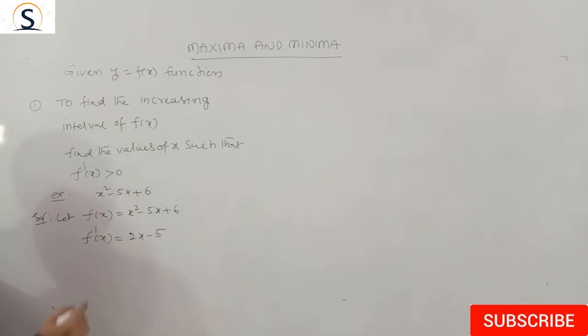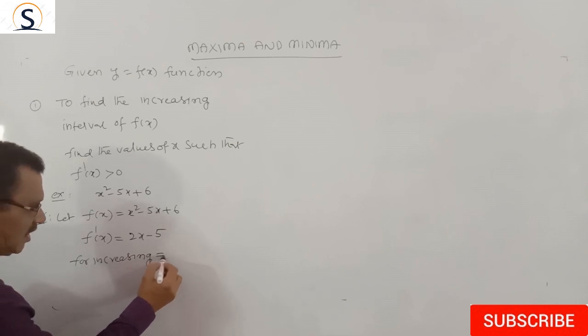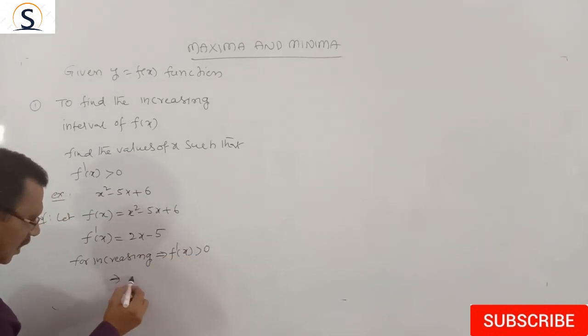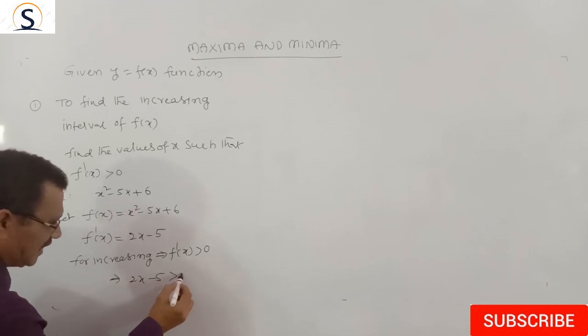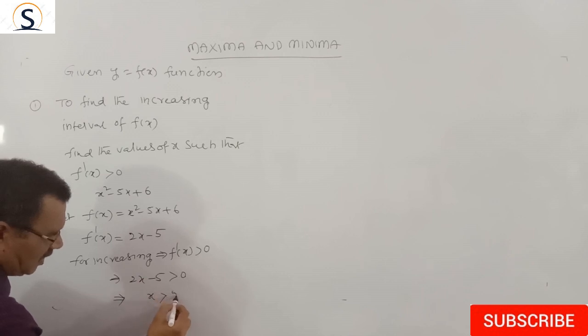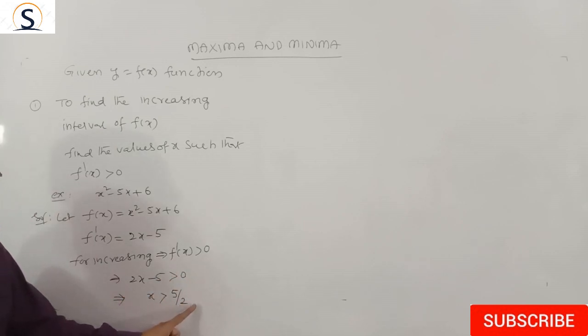This is the derivative. Now for increasing, f dash of x is greater than 0. That means 2x minus 5 is greater than 0. We want to find the value of x satisfying this inequality, that is x greater than 5 by 2.